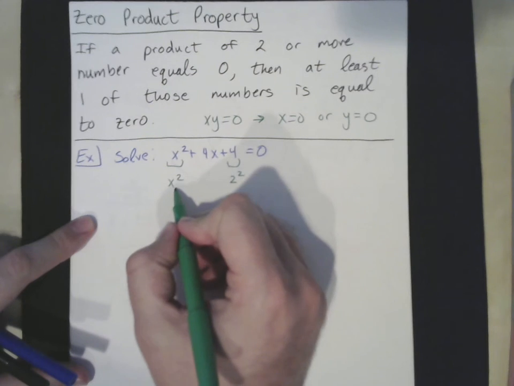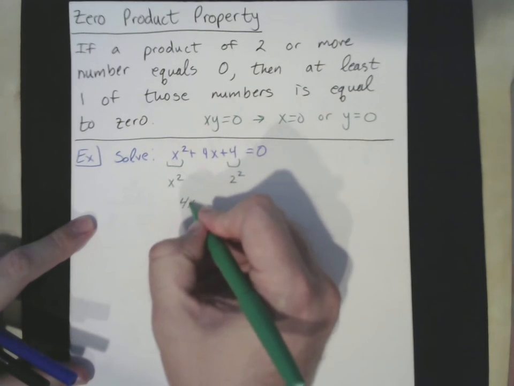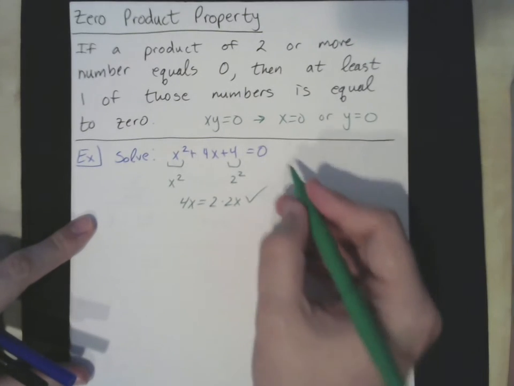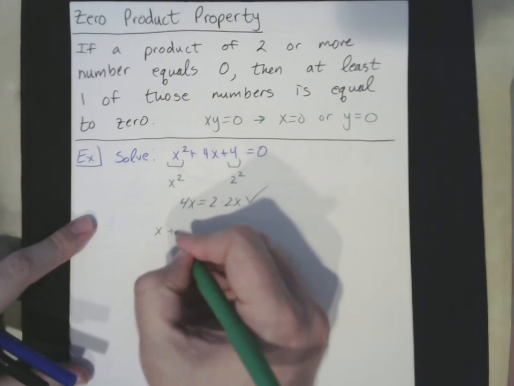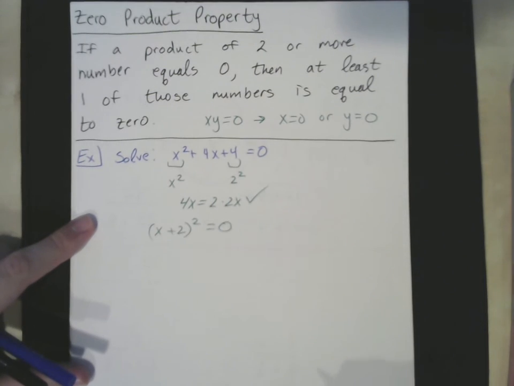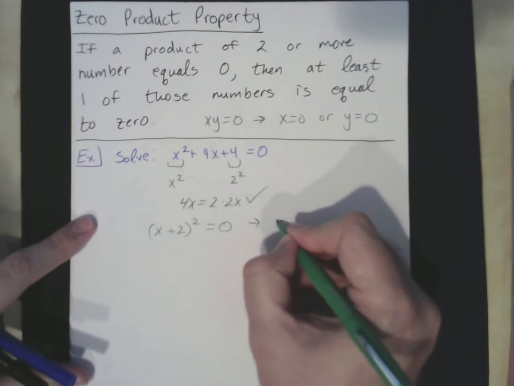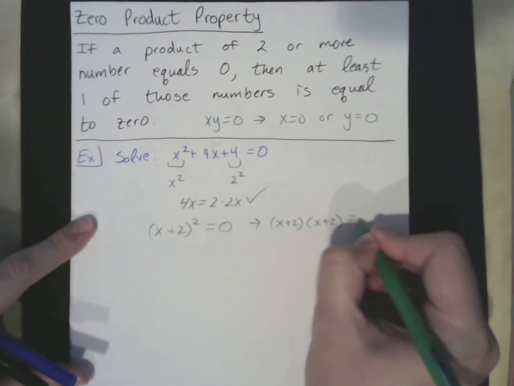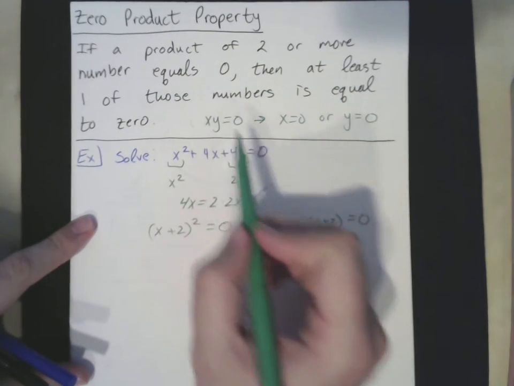So x squared and 2 squared, does 4x equal 2 times 2x? Yes, it does. So this is (x plus 2) squared equals 0. And this means that (x plus 2) times (x plus 2) equals 0. This is where our zero product property kicks in.